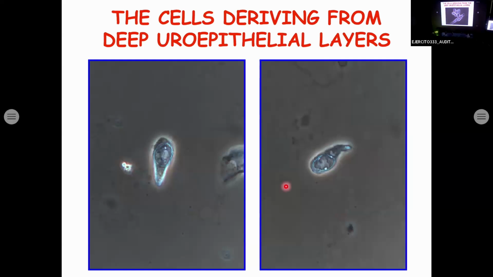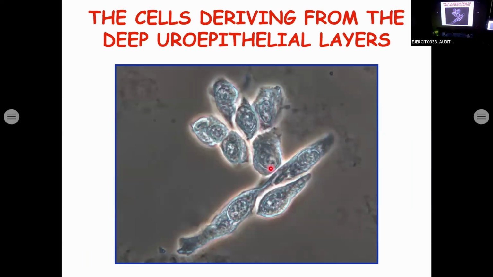And here we have a clump of normal uroepithelial cells from the deep layers, club-like, you see here, and here no more club-like, okay?